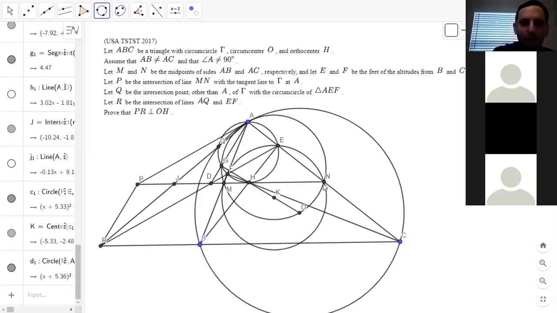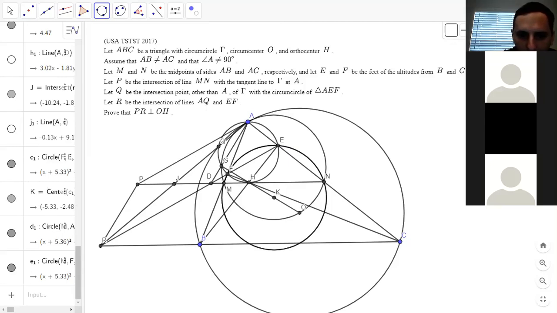Yes. So DF times DE is equal to DM times DN. So D lies on the radical axis of the circumcircles of triangles AMN and AEF.